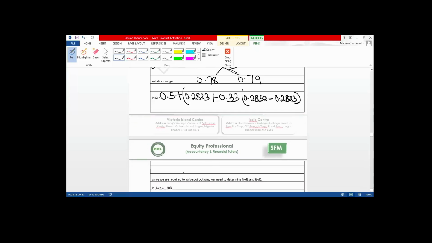That will give you your ND2. Please do your calculation, subtraction, addition, multiplication. You are going to get 0.7833.